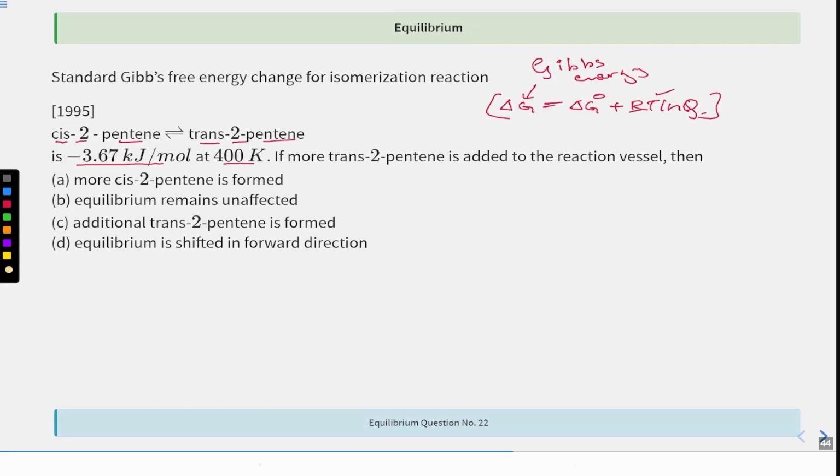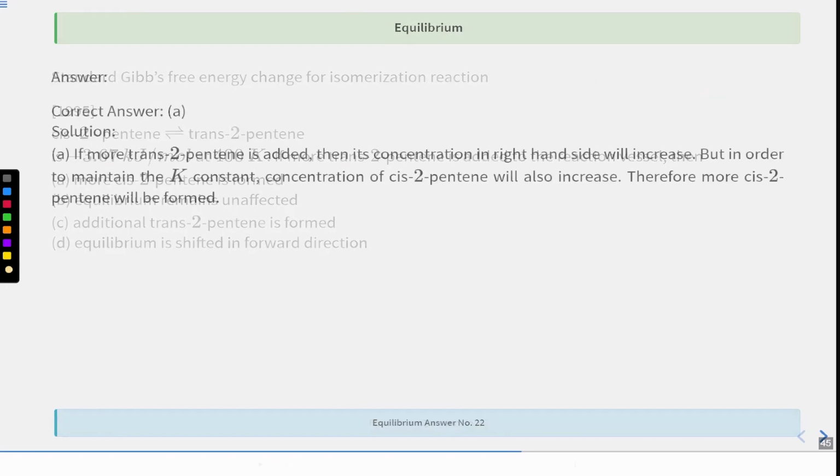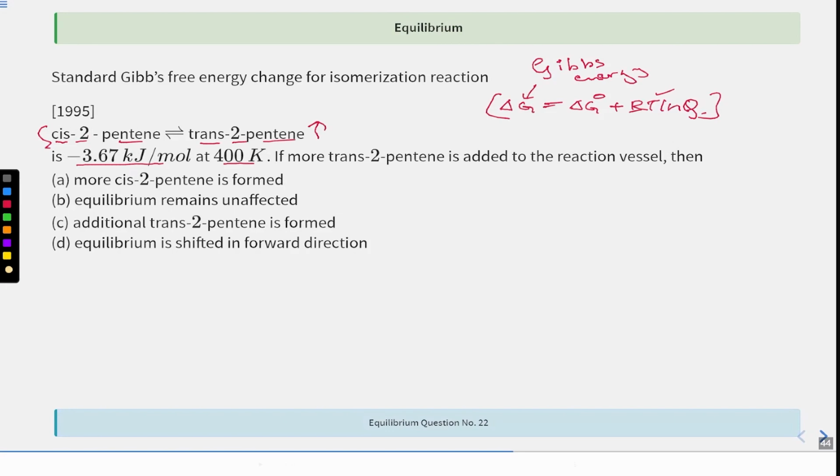If you add more, this particular thing will increase. Now we are at equilibrium, so it will go back and form a bit more of this. Makes sense, right? What happens at equilibrium? We know that at equilibrium, our products should be equal to our reactants. Now if you increase the products, the reaction will go in the backward direction.